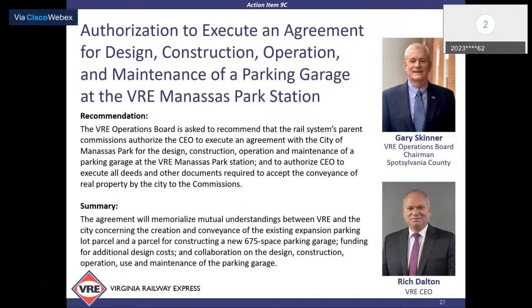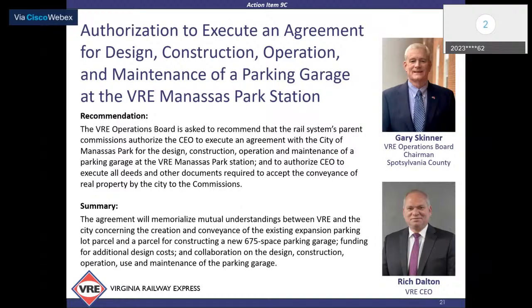So what we're seeking is a recommendation to the commissions to authorize the CEO to execute an agreement with the City of Manassas Park for the design, construction, operation, and maintenance of the parking garage at the VRE Manassas Park Station. This action will also authorize the CEO to execute all deeds and other instruments required to accept the conveyance of real property by the city to the commissions.